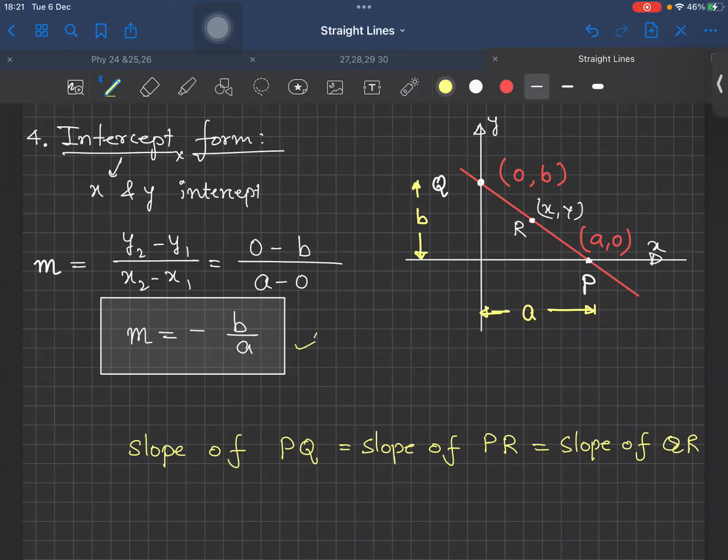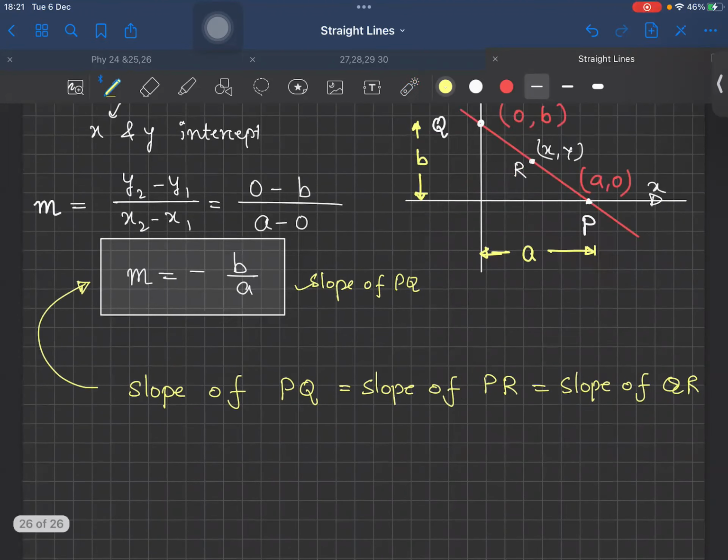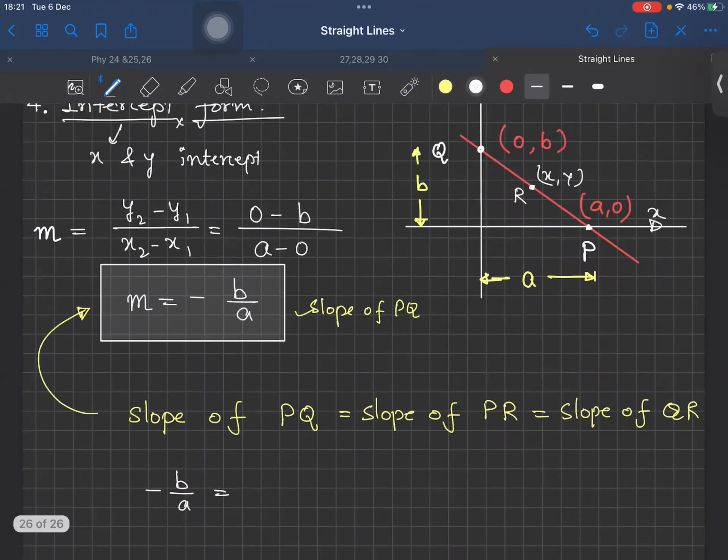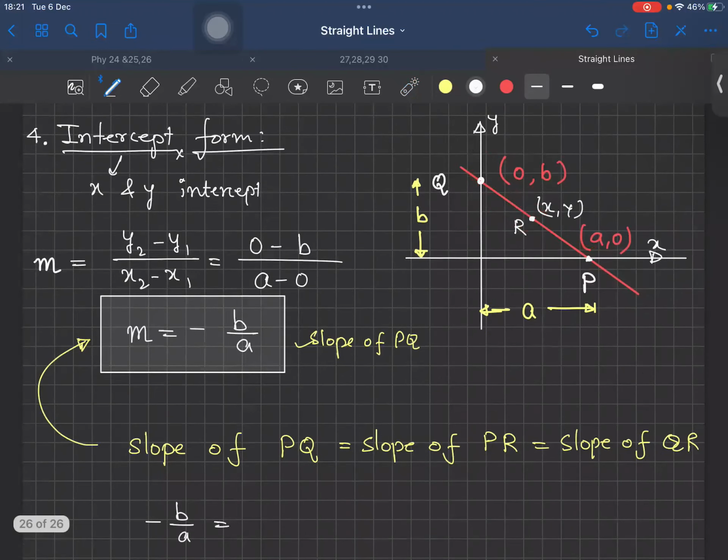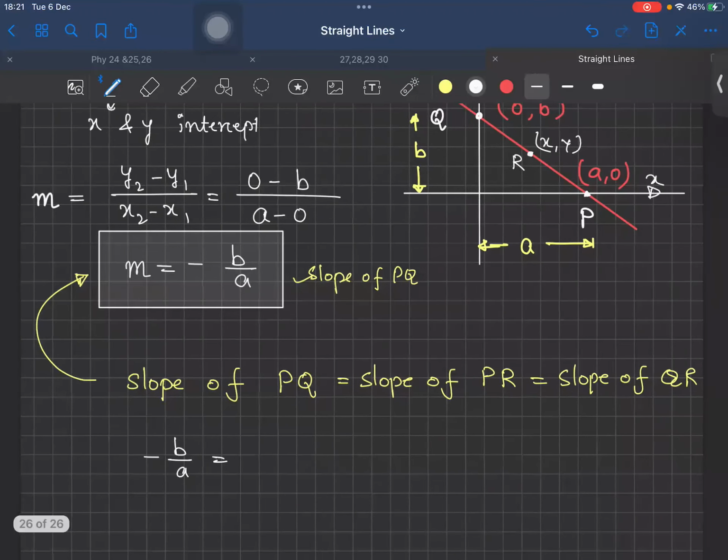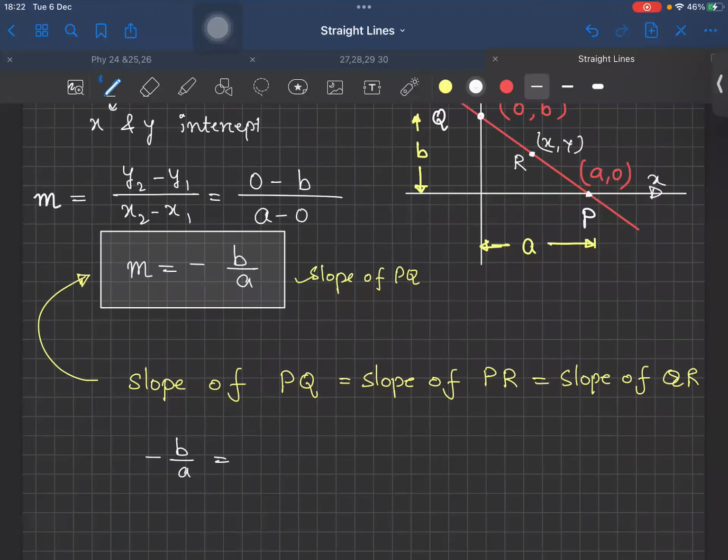Is that okay? Yes, sir. Is this okay or not? Yes, sir, that's clear, sir. Now, slope of PQ, we are writing minus B by A, is equal to slope of PR. Tell me slope of PR. You have P, you have R. Tell me slope of PR. So 0 minus y upon a minus x.